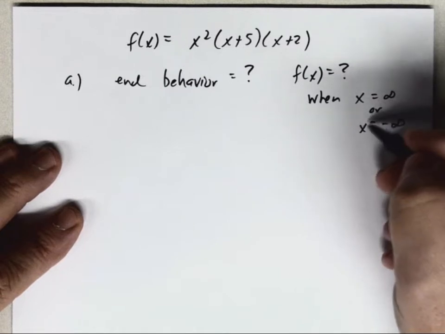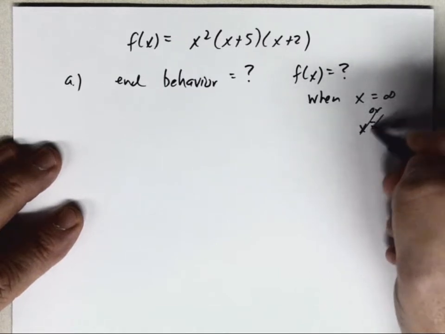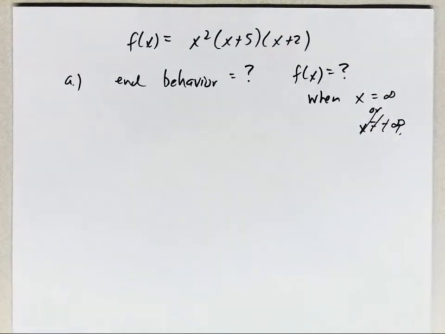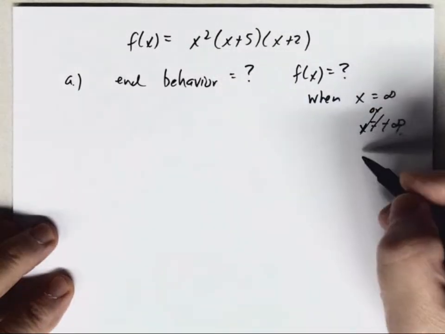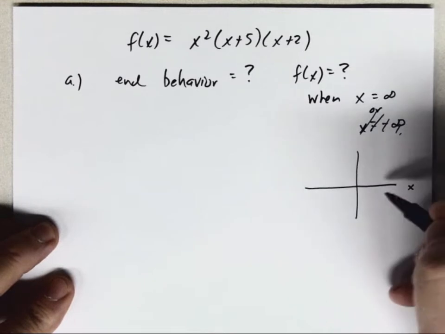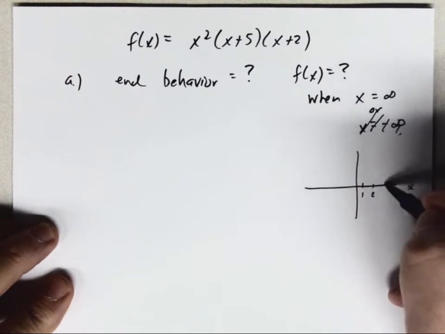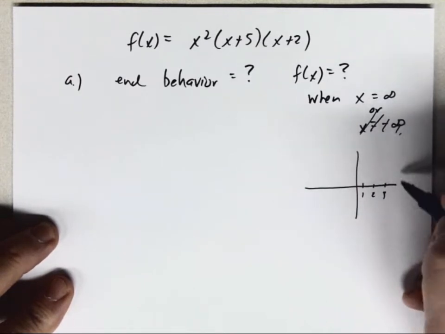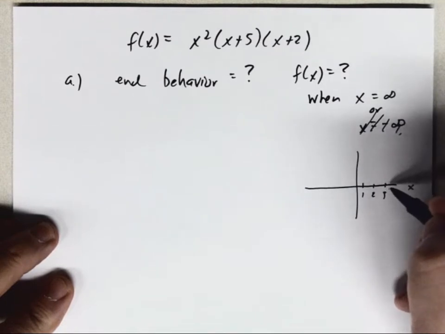Actually, I think in this case they just want positive numbers. So basically, let me just talk about when x is infinity. X equals infinity means a huge number. End behavior means it's almost like if we were to graph this thing, and here's x, 1, 2, 3. Where is infinity on the x-axis?